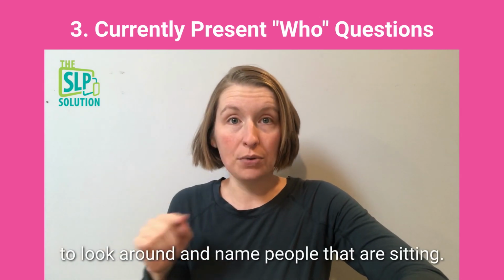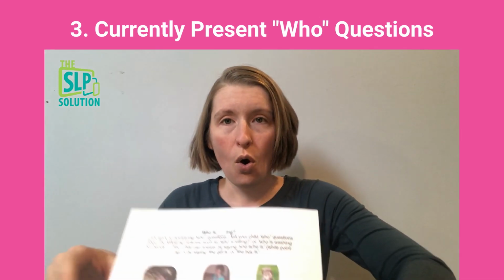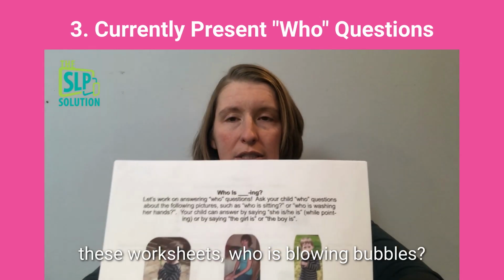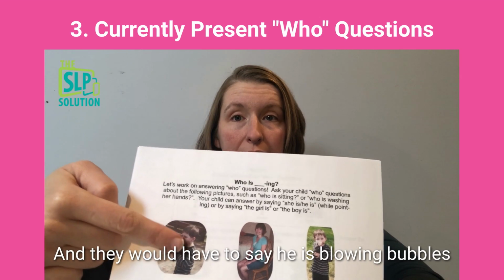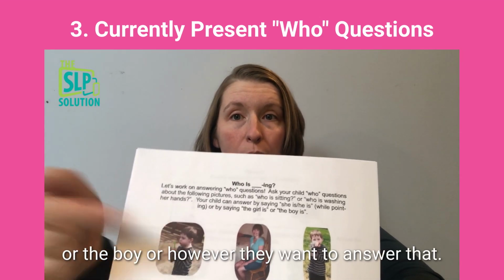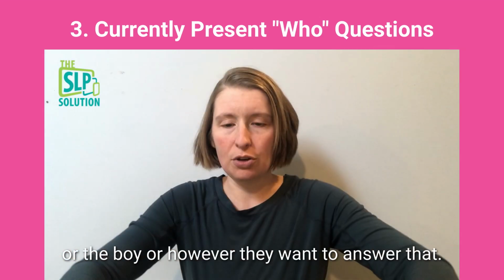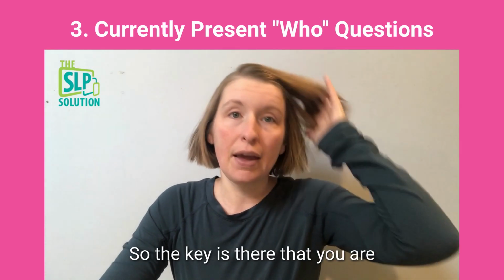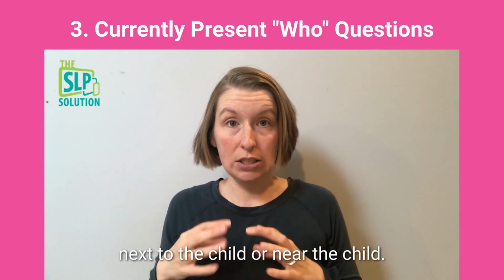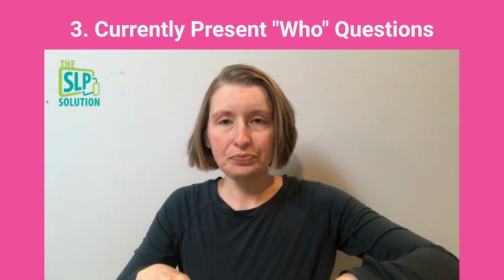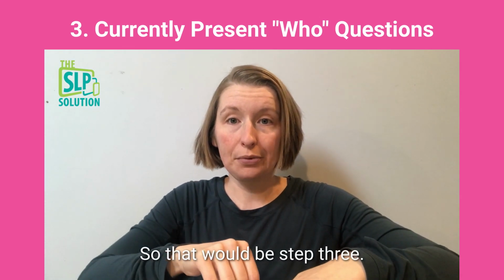And they have to look around and name people that are sitting. Or if you're using one of these worksheets, who is blowing bubbles? And they would have to say, he is blowing bubbles, or the boy, or however they want to answer that. So the key is there that you are asking a who question about something that's happening next to the child or near the child. So that would be step three.